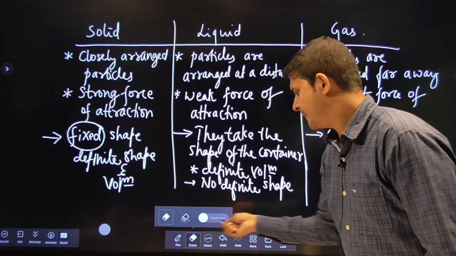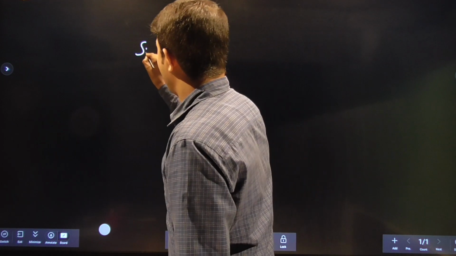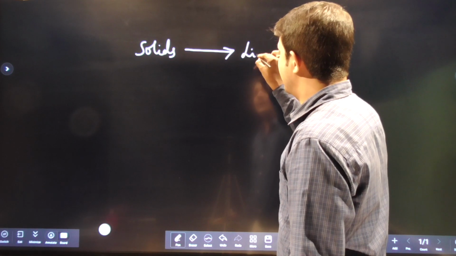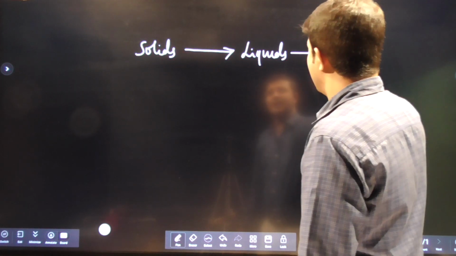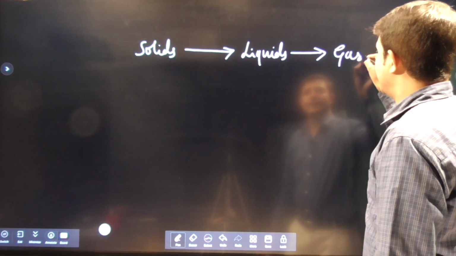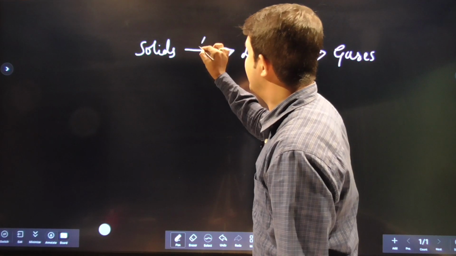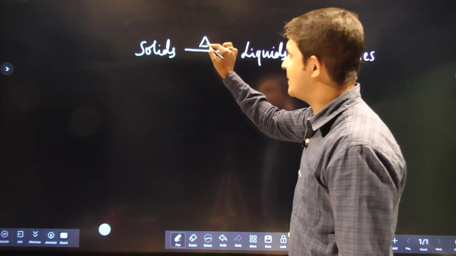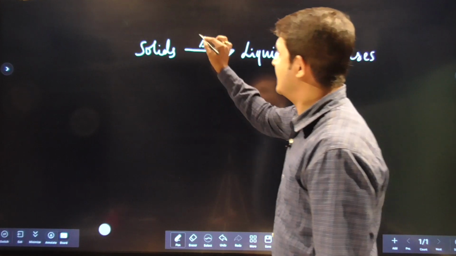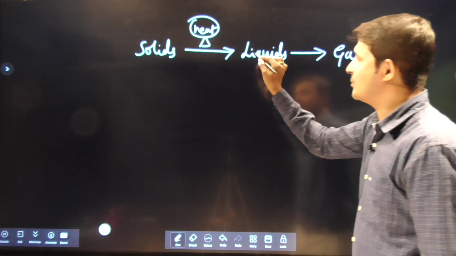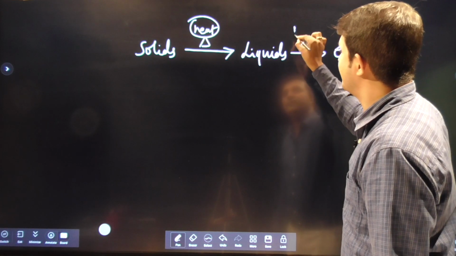As I said, solids can be converted into liquids and liquids can be converted into gas. This is done by heating. This symbol is used for heat. So when you heat solids, they will be converted into liquid. If you heat liquids, they can be converted into gases.